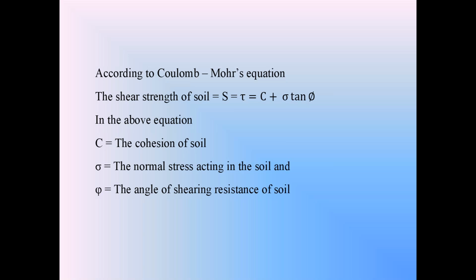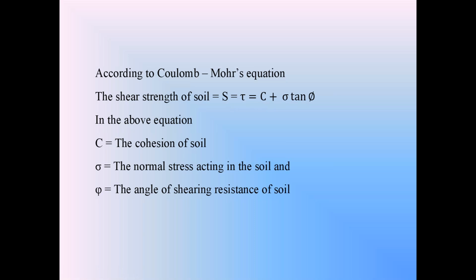According to the Coulomb-Mohr equation, the shear strength of soil is given by S is equal to or tau is equal to, both are same, S is equal to or tau is equal to C plus sigma tan phi. So this is the Coulomb-Mohr equation to find out the shear strength of soil.